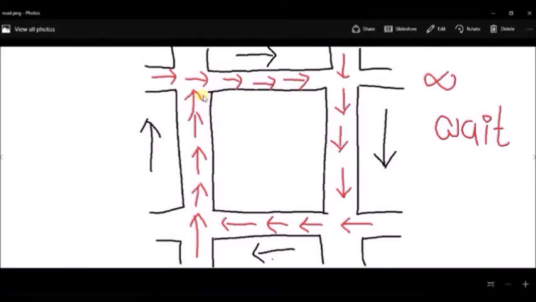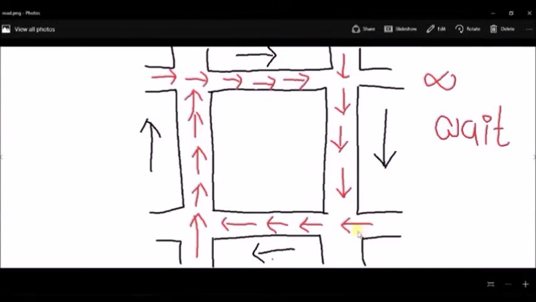For example, suppose there is no traffic ahead here. So now what happened? This traffic is waiting for this traffic to move forward, and this traffic is waiting for this traffic to move forward. Hence, here a waiting condition as well as a holding condition is present. Here also the waiting condition and holding condition are present.